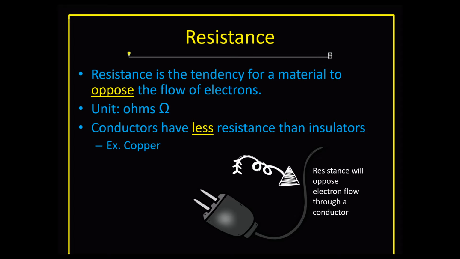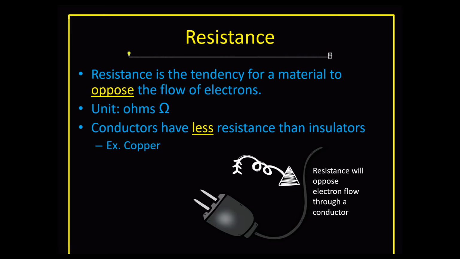We also are going to have to find and calculate resistance. So you need to know that resistance is the tendency for a material to oppose the flow of electrons. Think friction. And we know that friction generates heat. So this is what makes electricity sort of dangerous because we don't want too much friction. We don't want too much heat.